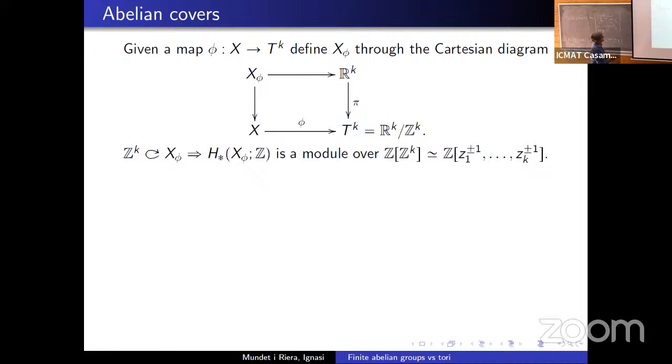The thing is that if your map goes to T^k, the abelian covering that I denote by X_phi, where phi is the map, has an induced action of Z^k, which is the group of deck transformations of this covering. And consequently, the homology of the abelian cover is a module over the group ring of Z^k, which is of course isomorphic to polynomials in k variables and their inverses.